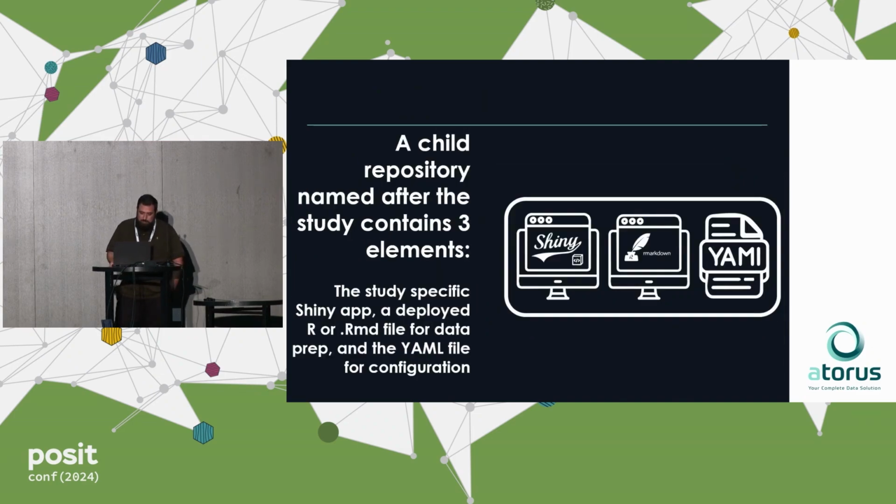Each child app or child repository is going to have 3 main components: the app, your Markdown or R script that's going to run your data processing, and your YAML file that's going to configure the details of the application.